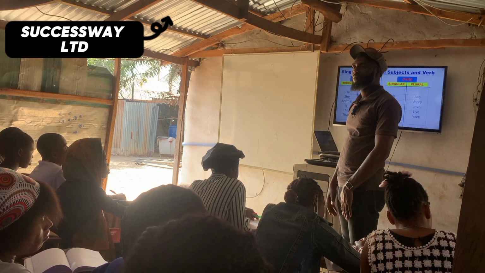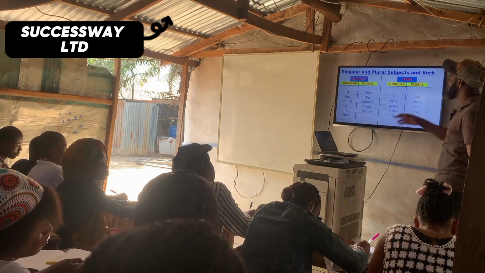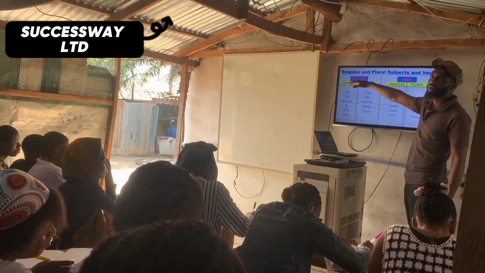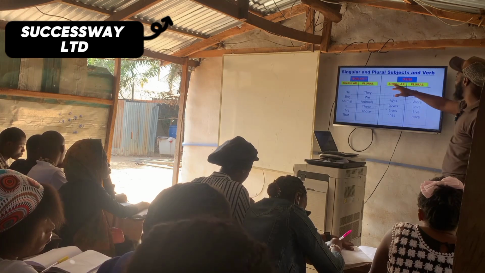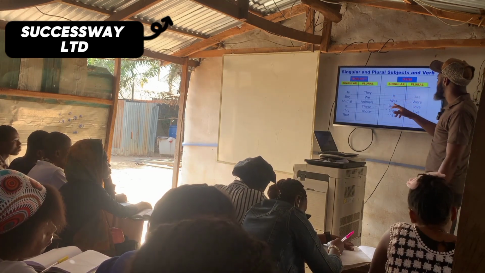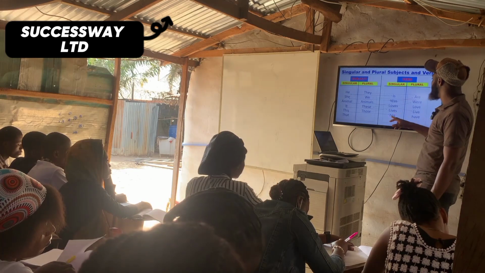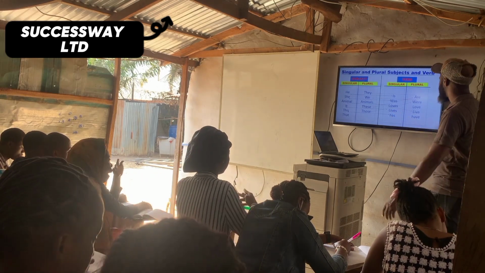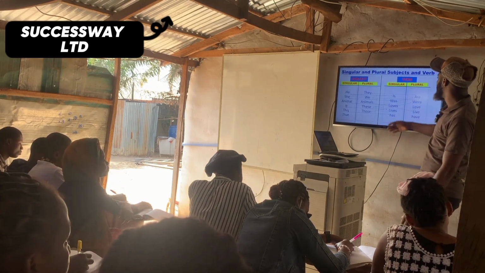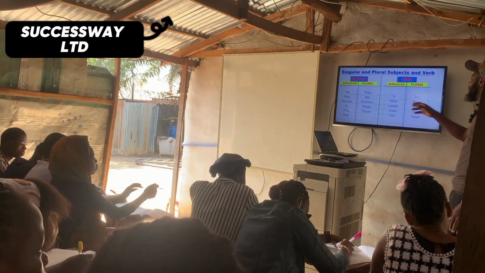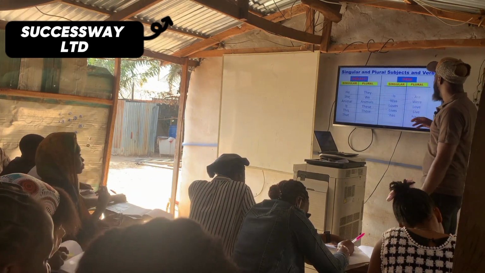Now look at the verb. The same way we have singular and plural subjects, we have singular and plural verbs. Is, was, loves, lives, has: they are singular verbs. Now, we have plural verbs: are, were, love, live, have.